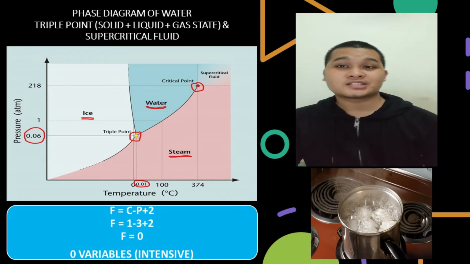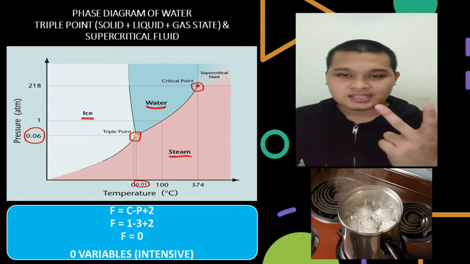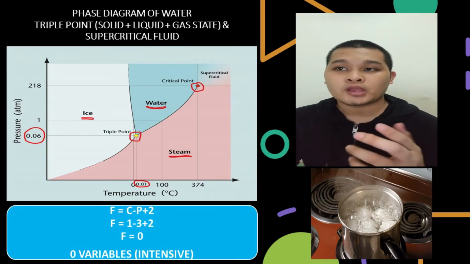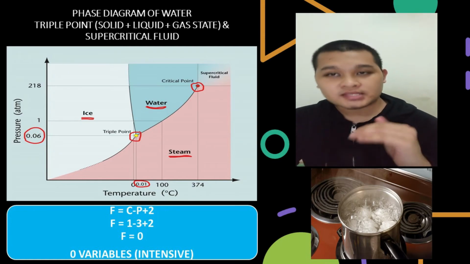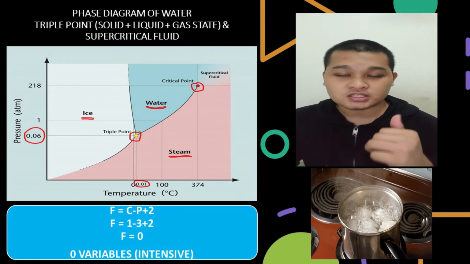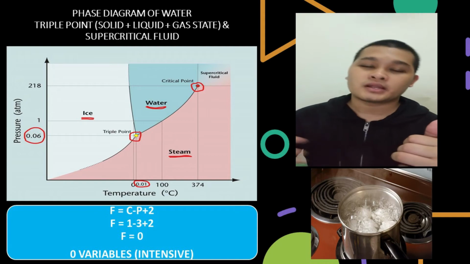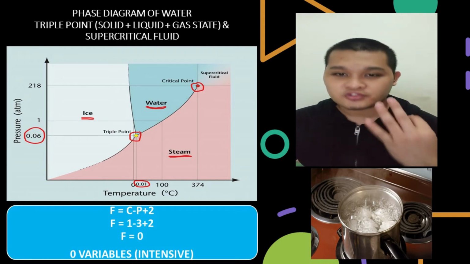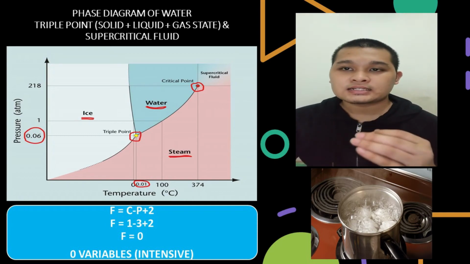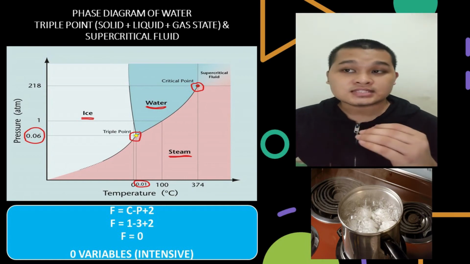Alright, now there is one more condition where solid, liquid and gas exist at the same time, which in the diagram can be seen at the triple point where all the conditions meet. So basically, using the same formula with the same number of components, which is 1, because we are using the same substance, H2O, but this time the number of phases is 3. Like I mentioned before, the answer is 0, which means 0 independent variables need to be defined.